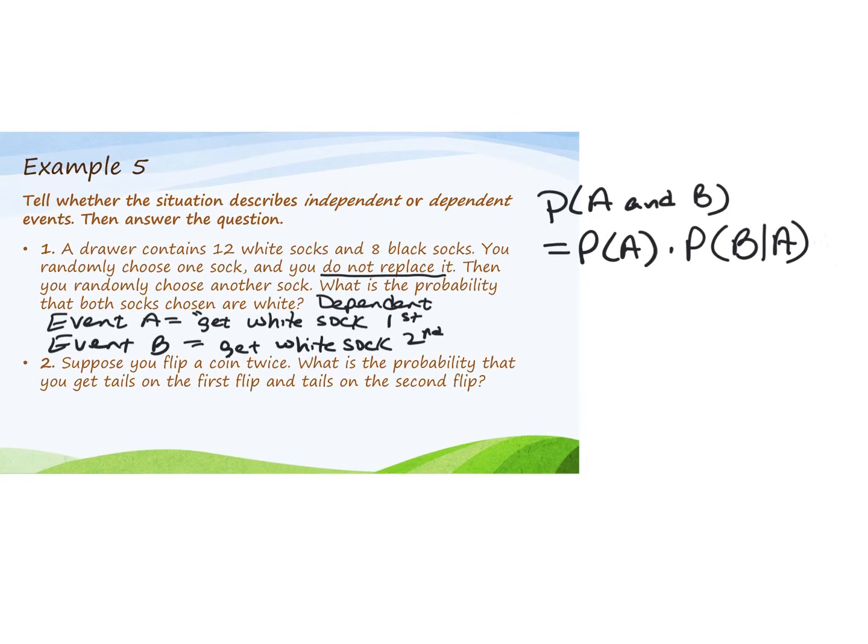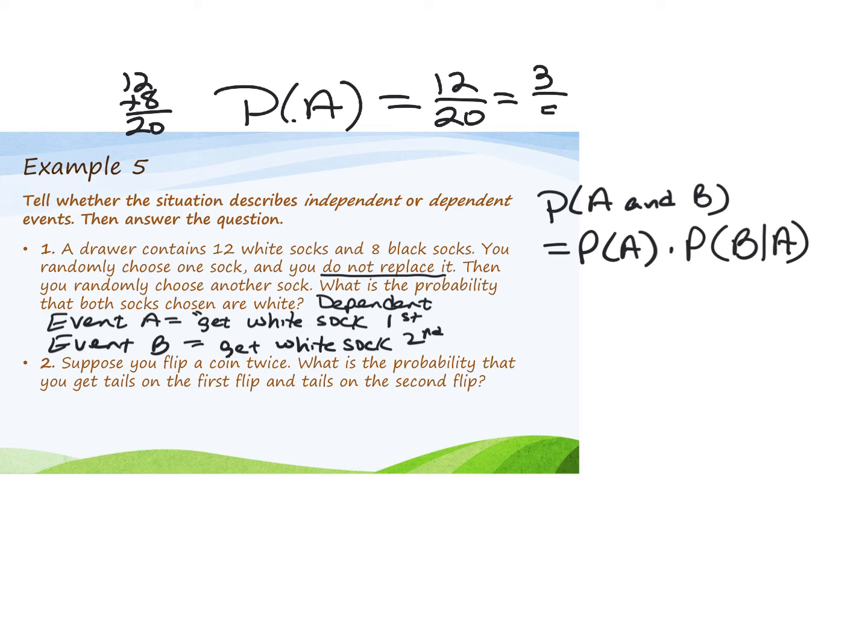So the probability of event A, I need to figure out how many total socks I have in my drawer. I have 12 plus 8, so I have a total of 20 socks in my drawer, and 12 of them are white out of the 20. I'm going to reduce this by dividing them both by 4, and it'll reduce to 3/5.